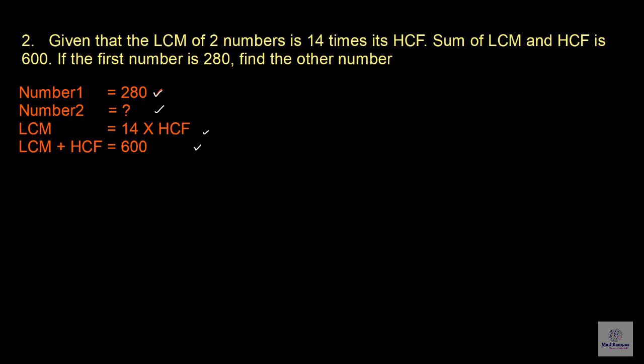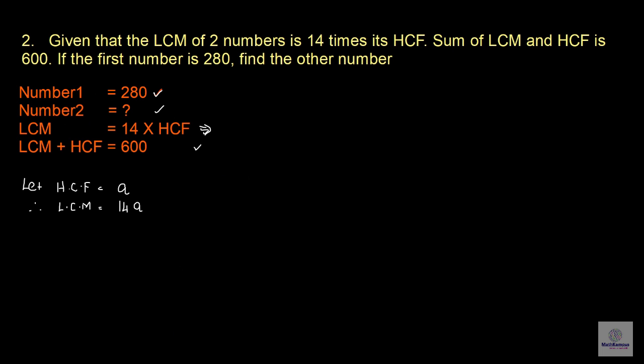So for example, we will start the sum with this statement. Here LCM equal to 14 times HCF. Let HCF equal to A. Therefore LCM will be 14 times HCF, now 14A.